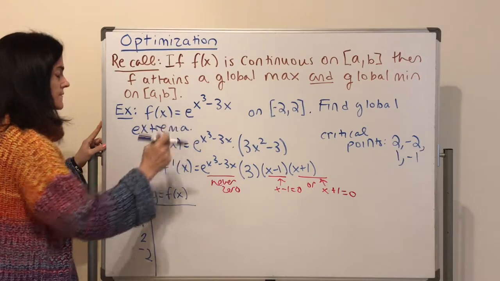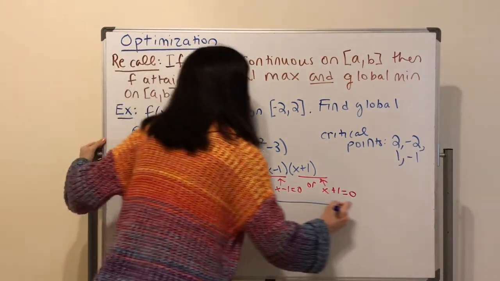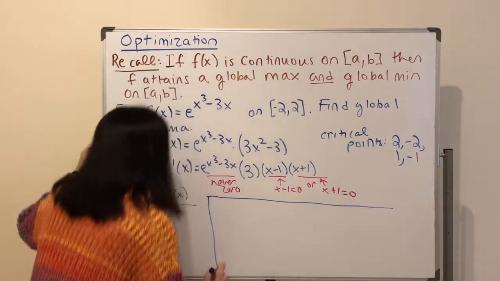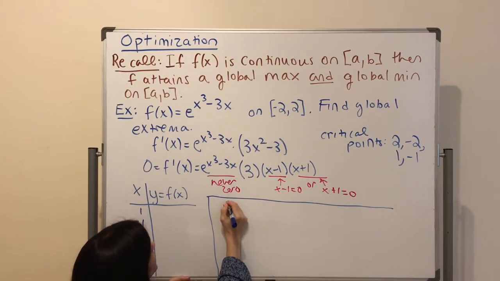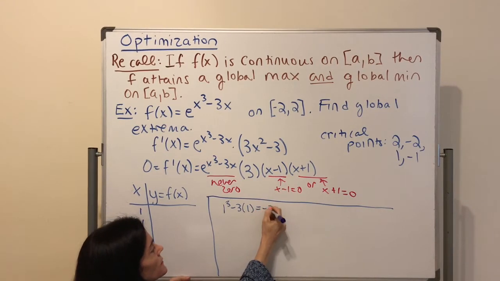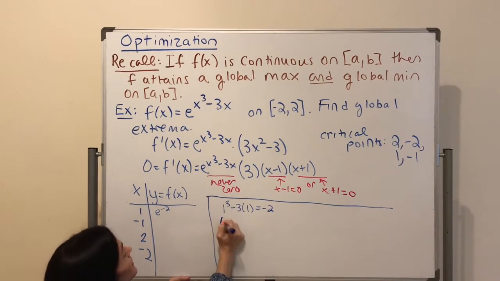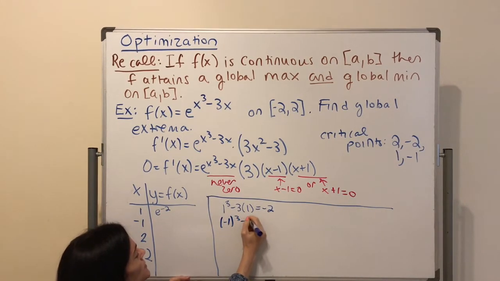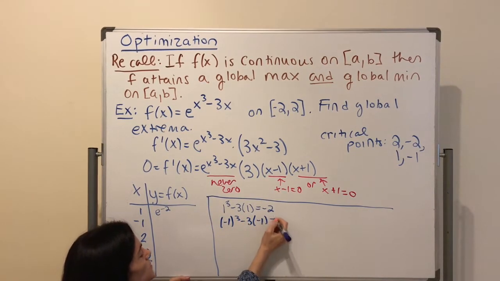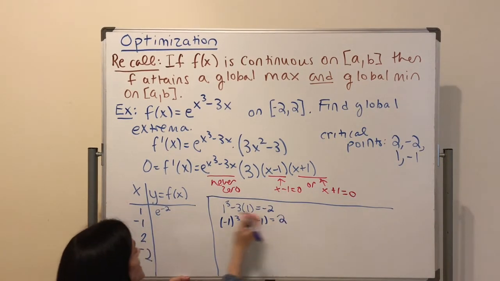Here is the function, so I'll make a box down here to compute. 1 cubed minus 3 times 1 is negative 2. So here is e to the minus 2. Then minus 1 cubed minus 3 times minus 1: this is 3 minus 1, which is positive 2.